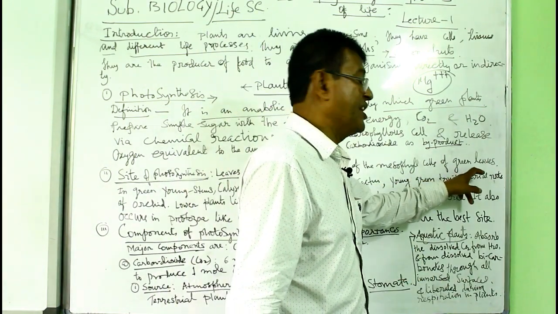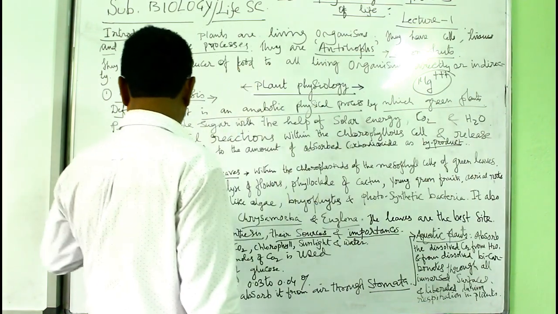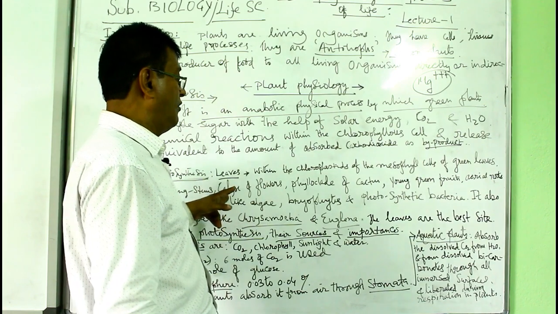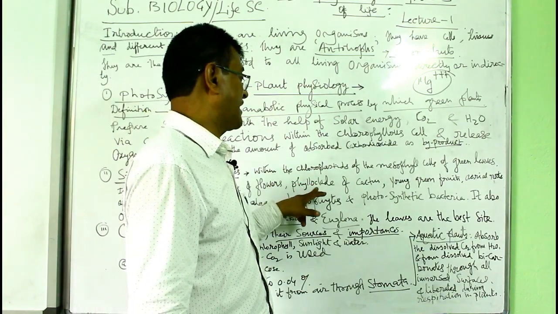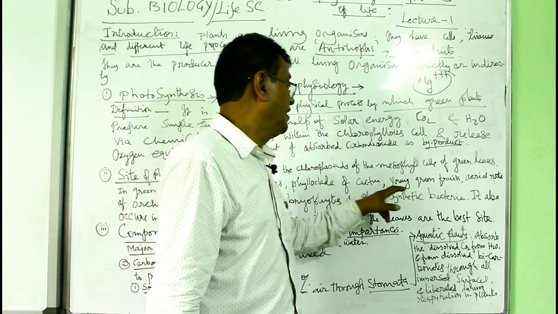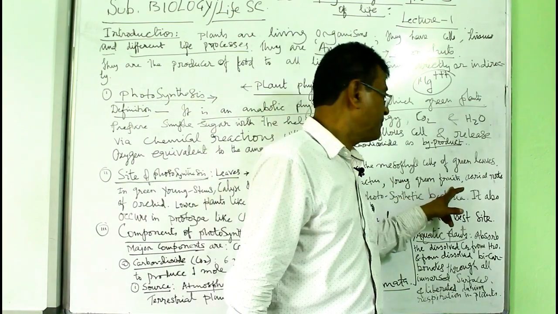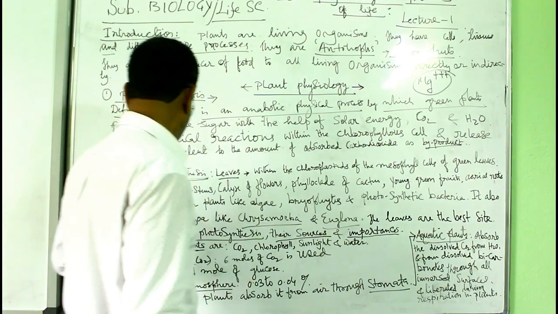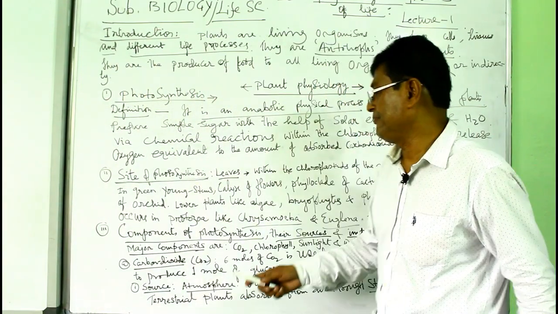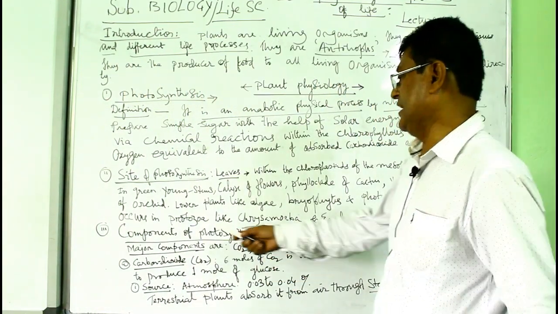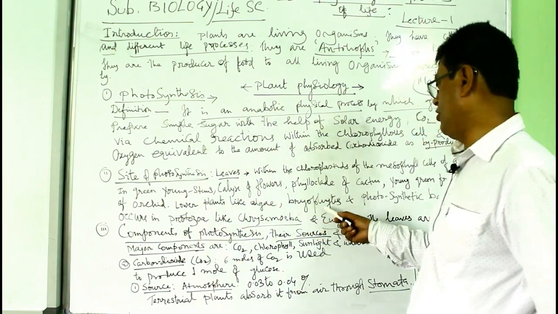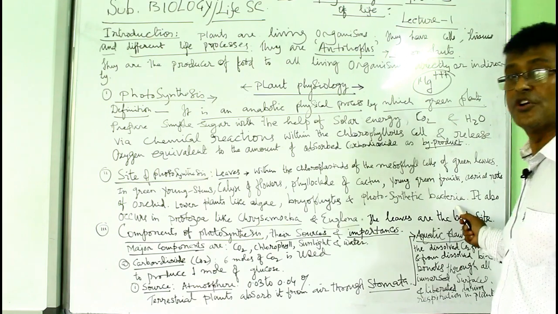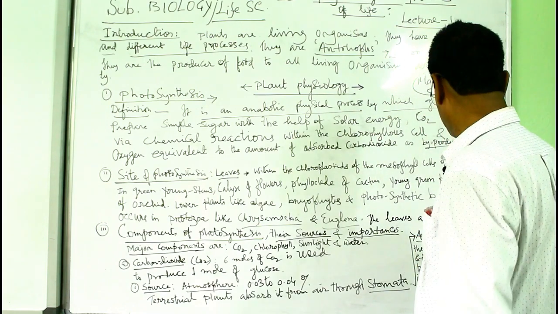The cells of the green leaves, green young stems, the calyx of the flower, phylloclade of cactus, young green fruits, aerial roots of orchids, lower plants like algae, bryophytes, and photosynthetic bacteria are also capable of photosynthesis.